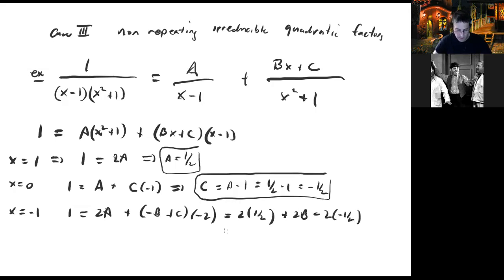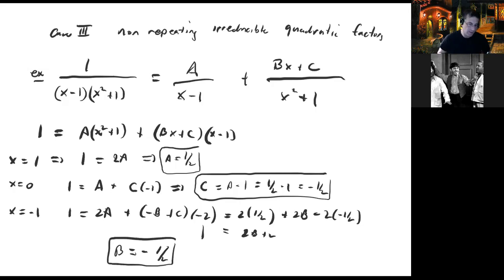So what do we get? We get 1 plus 1 is 2. So it looks like, if I did this correctly, I'm hoping I did this correctly, 2b plus 2 is equal to 1. So that means that b is minus a half.